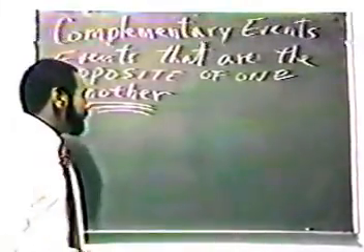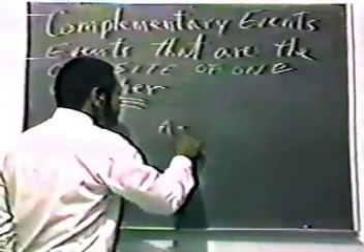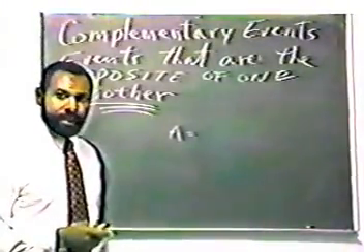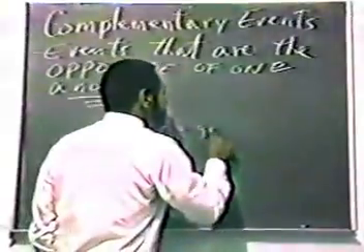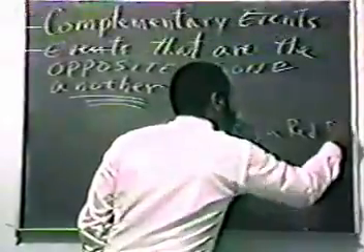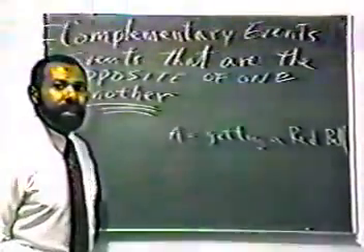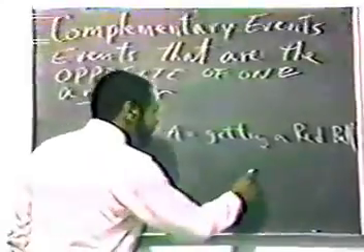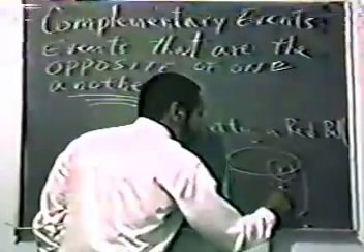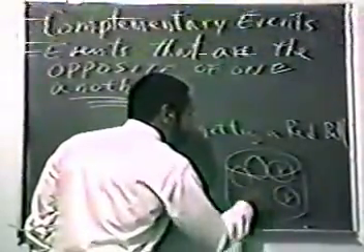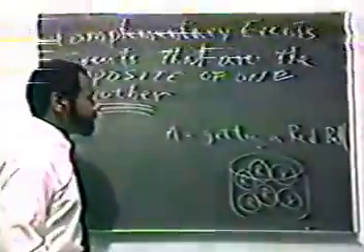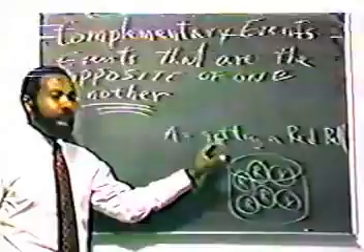For example, if I let my event A be equal to getting a red ball, event A is getting a red ball. Let's say that we have a container of balls, and two of those balls are yellow and four balls are red. And event A is getting a red ball.